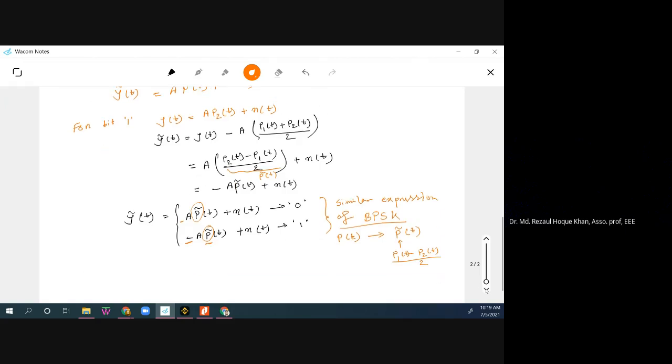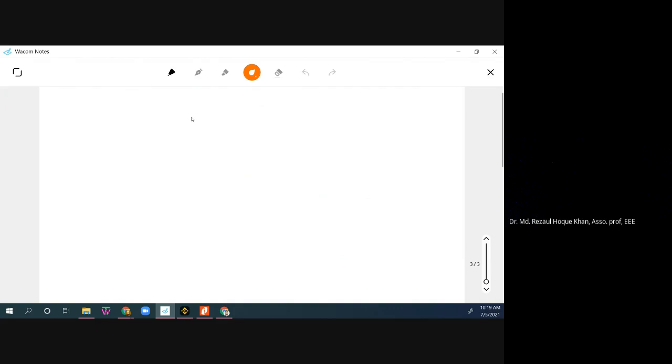Now the optimal matched filter, to maximize SNR, is the same expression that we used previously. h t, for a single pulse, for maximum SNR, the optimal response should be h t equal to p t minus tau, right?